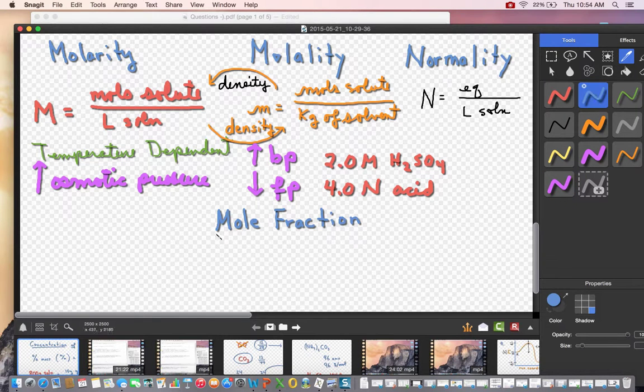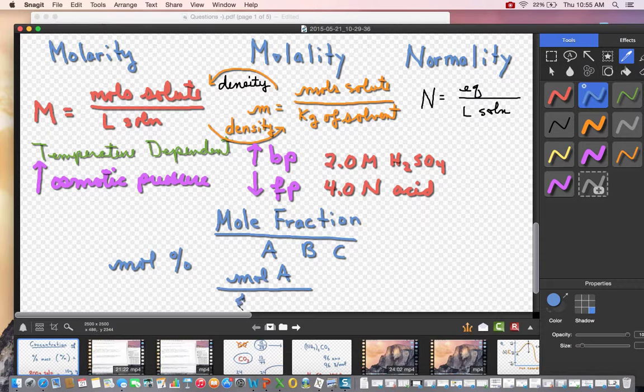Mole fraction is simply a mole percent. If I have a gas A, a gas B, a gas C, the mole fraction of A would be moles of A divided by the total number of moles in the system.